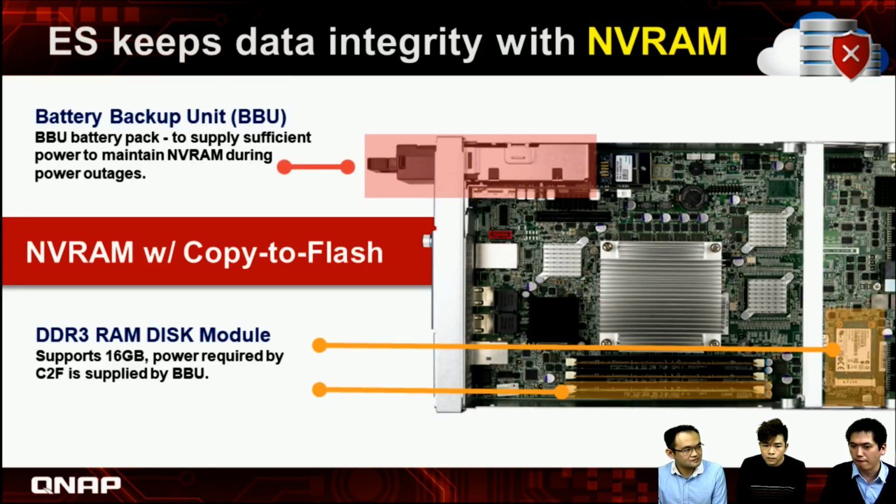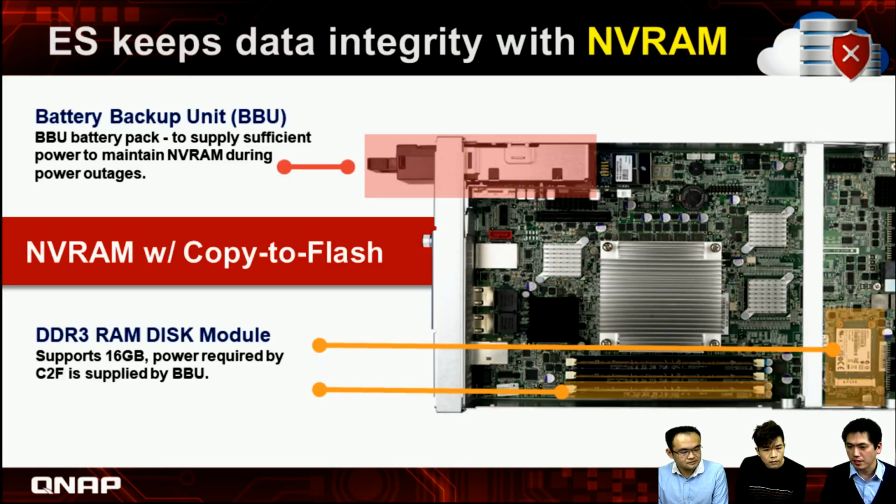It's kind of non-volatile RAM, which means when your ES system has an unexpected power loss, this NVRAM environment will work automatically, which means the battery will provide the power to the RAM and the flash to write all the data inside the RAM to the flash. This behavior we call copy to flash.